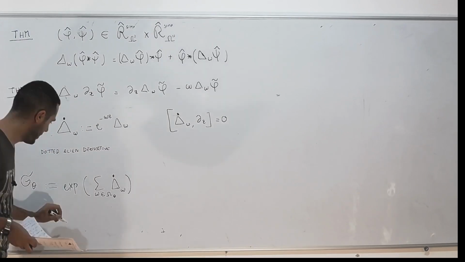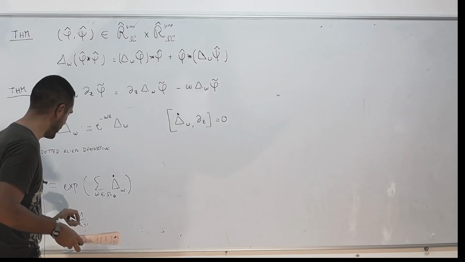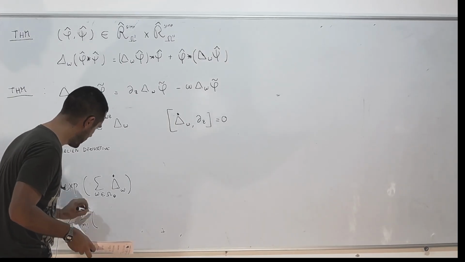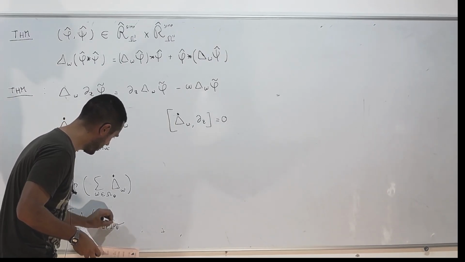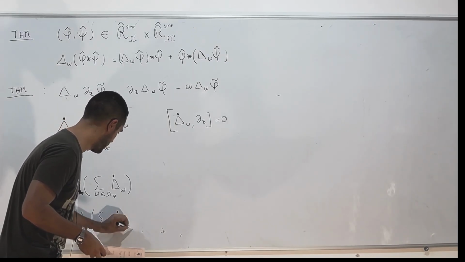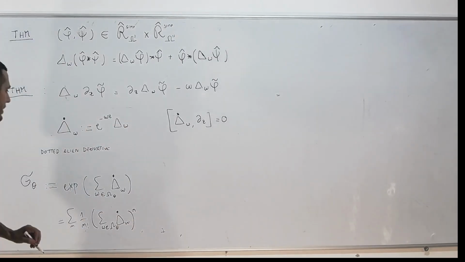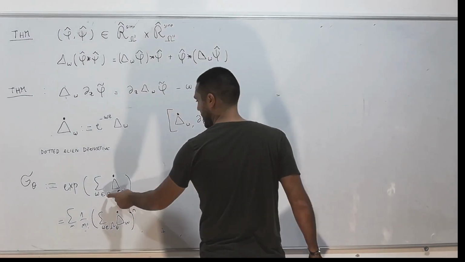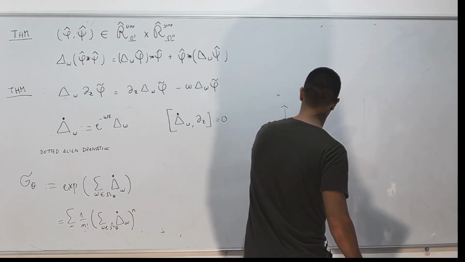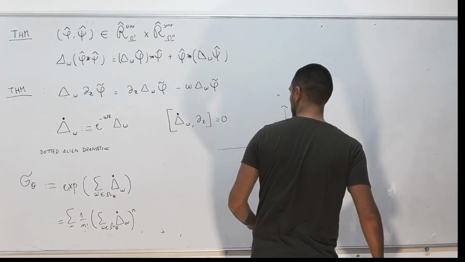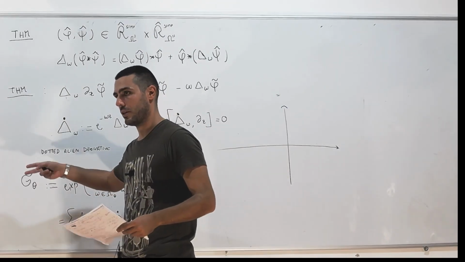It's just the sum over n of 1 over n factorial times the alien derivative to the n. So this is what this notation means. And what do I mean by this omega theta? It's just that I'm trying to check how my resummation procedure is discontinuous across some direction theta.